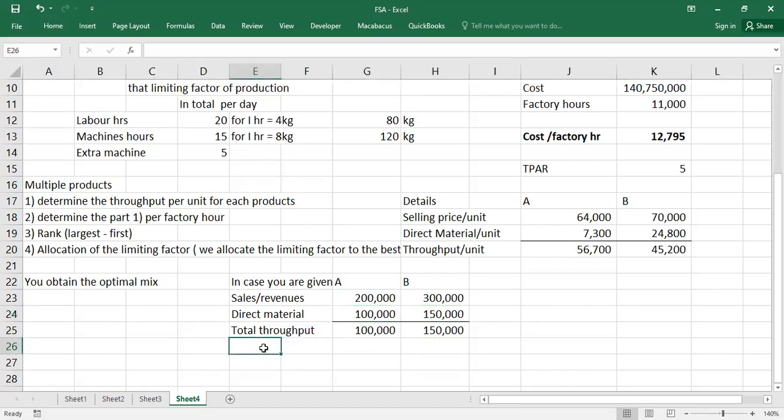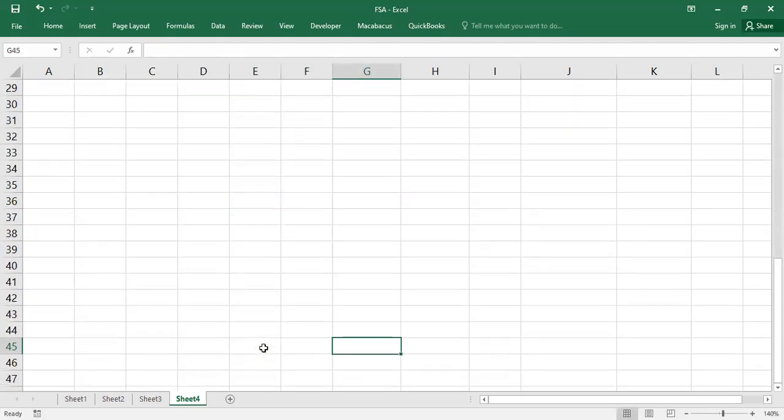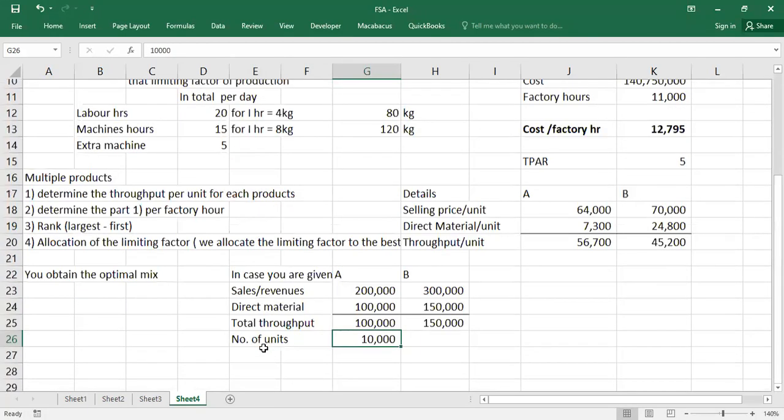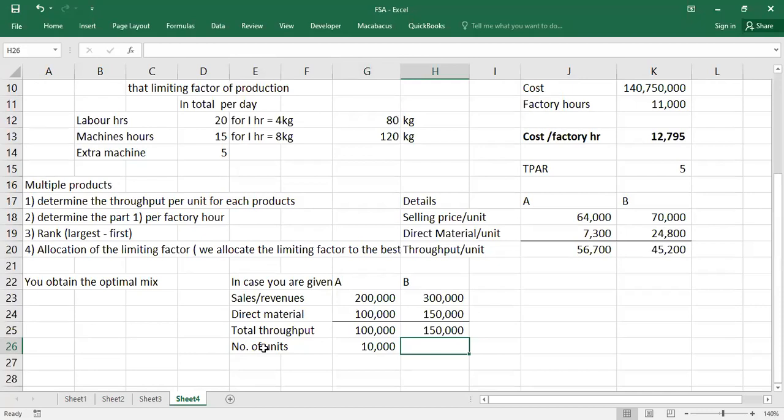What you do is you bring here the number of units sold or level of production. So assuming maybe you have 10,000, and here you have maybe 15,000. Let me use 12.